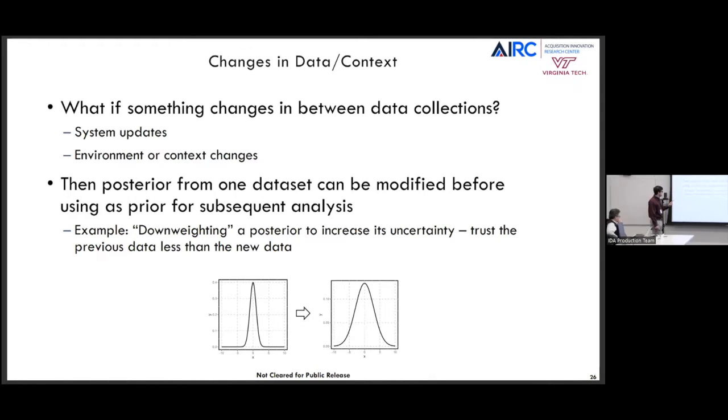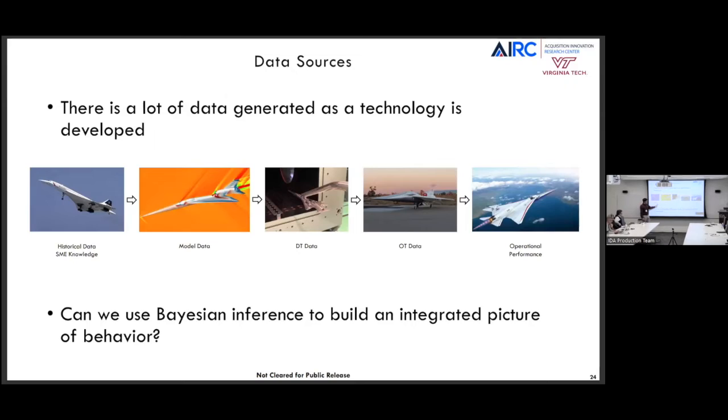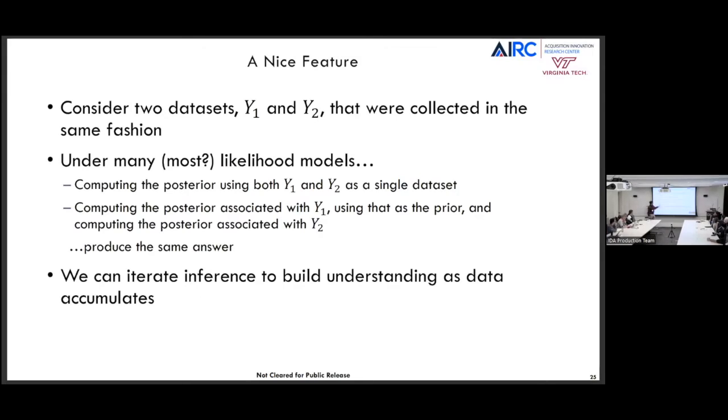One concern here is that this only holds, like, I can only get the same answer by iterating inference over the data if my data is drawn from the same process. If something hasn't changed, if the system hasn't changed, if the environment hasn't changed, that kind of thing.